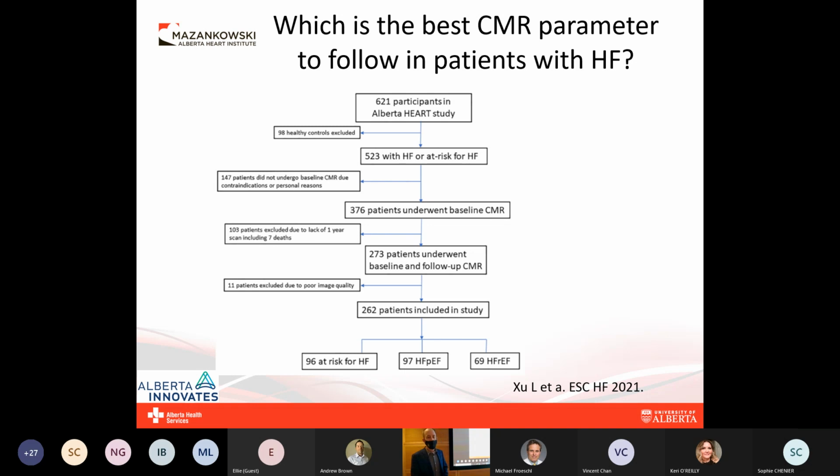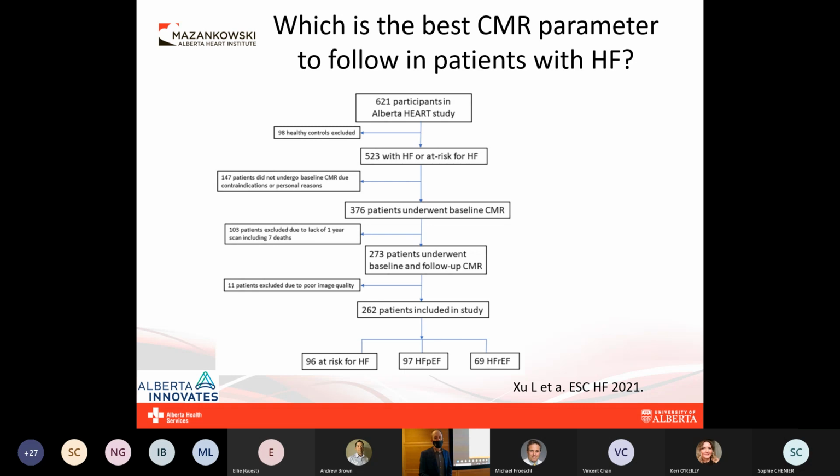So we in fact did a study in Alberta called the Alberta Heart Study, which was really meant to be a prospective cohort study to understand the pathophysiology of heart failure with preserved ejection fraction. But we also had patients at risk for heart failure in that study, and we had patients with heart failure and reduced ejection fraction. And we did MRI at baseline and at 1 year in most of the patients in that study.